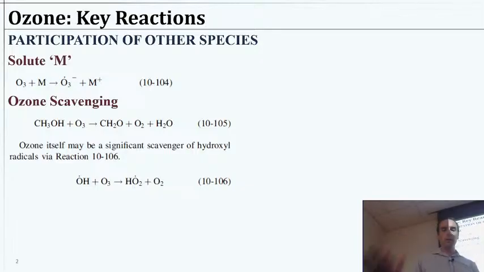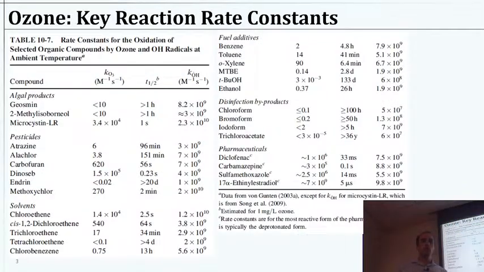Okay, so there's many reactions to put together, and it's worth taking a moment to recognize that there are many, many published reaction rate constants for different radicals, namely ozone here, and then other reactive species like hydroxyl radicals and ozone, with different products, or with different potential contaminants.